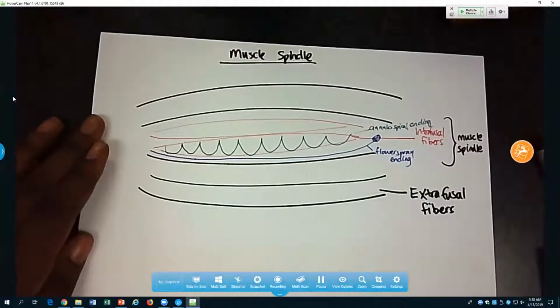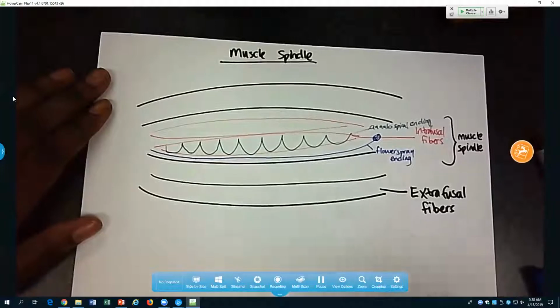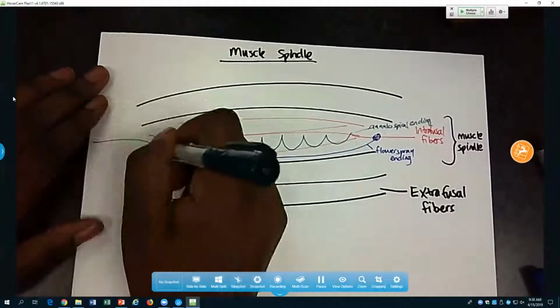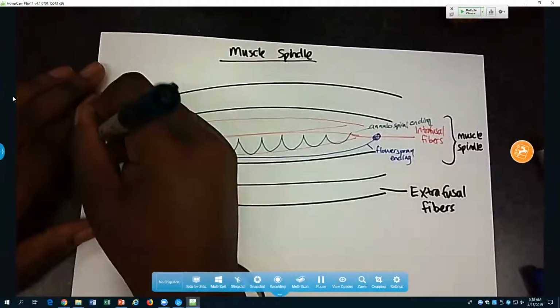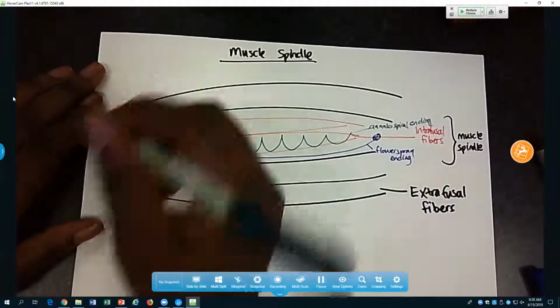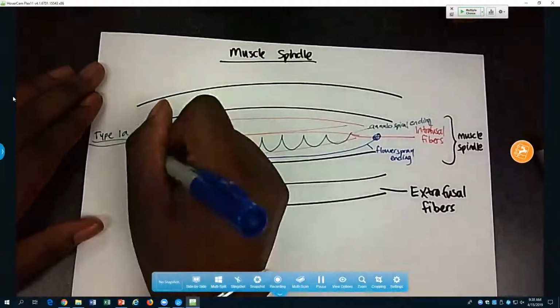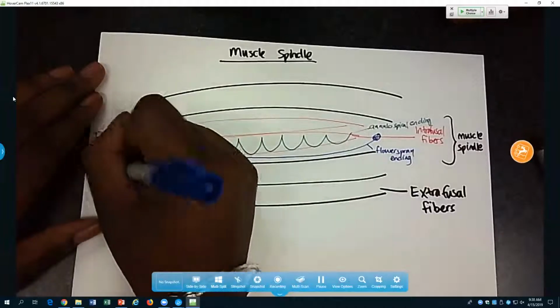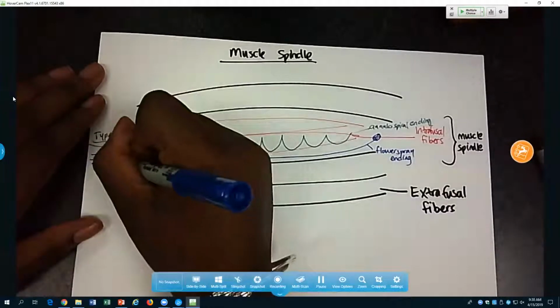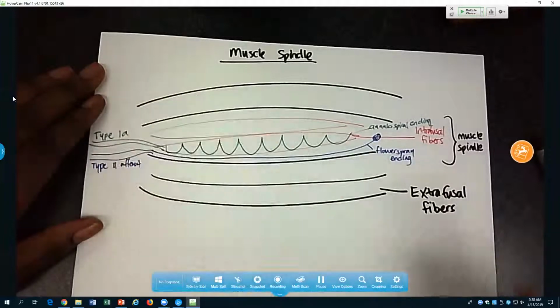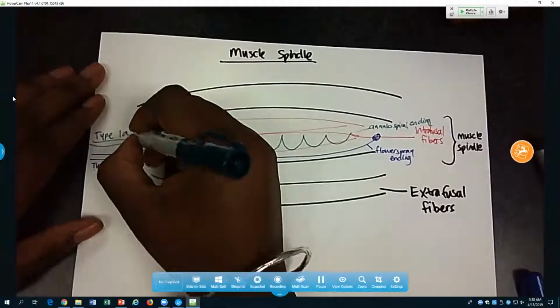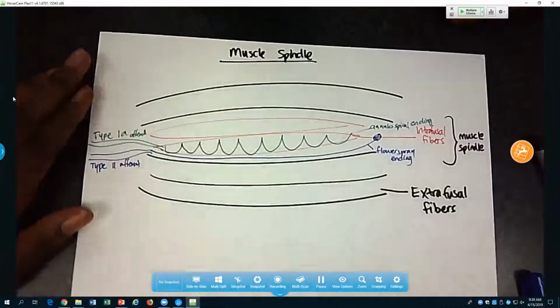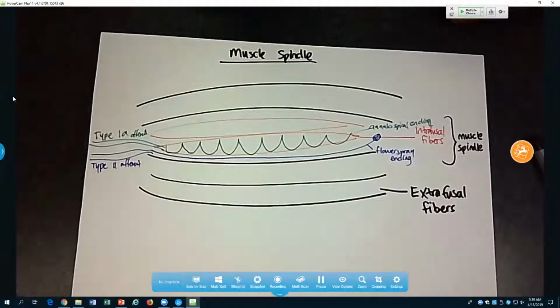Alrighty. So let's talk about these fibers one more time. We said that this was a type 1A afferent fiber, whereas the flower spray was a type 2 afferent fiber. Now we also mentioned that the efferent fibers differed as well.